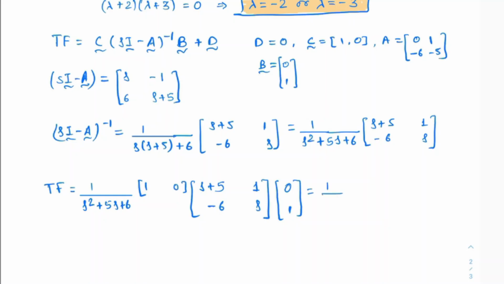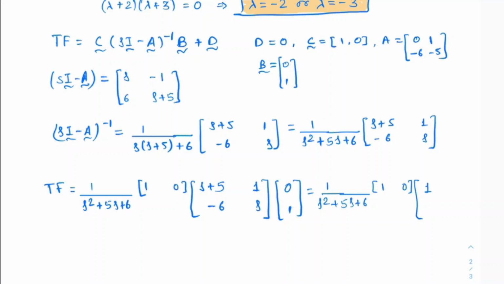Let's do these matrix multiplications. s plus 5 into 0 is 0, plus 1 into 1, that is 1.